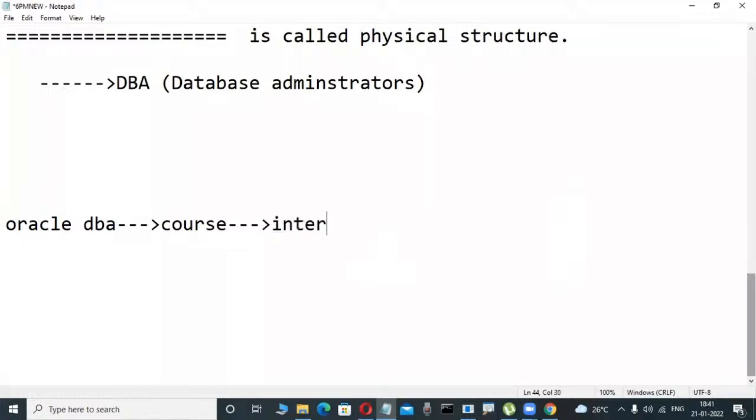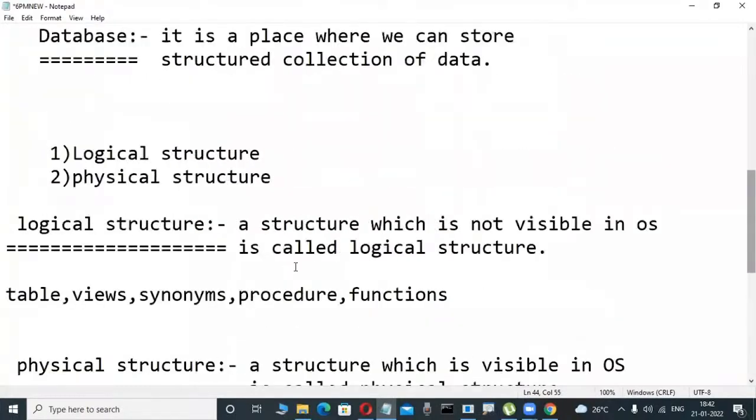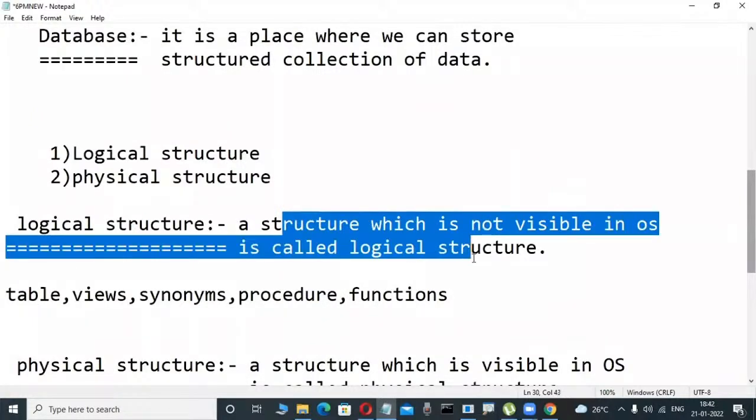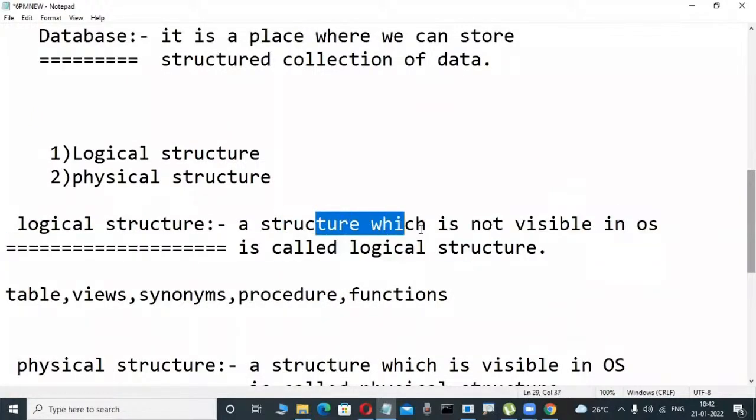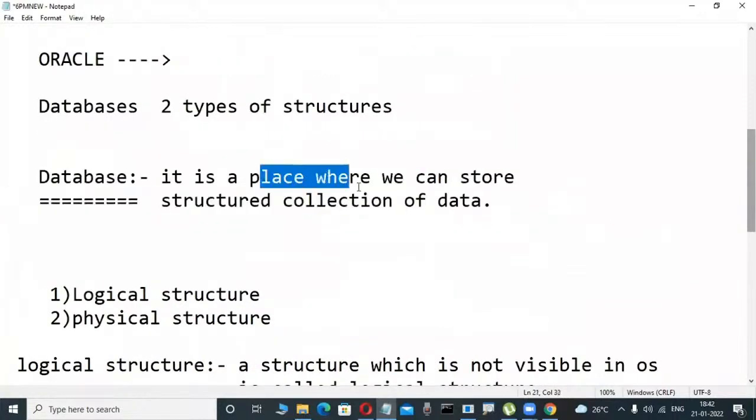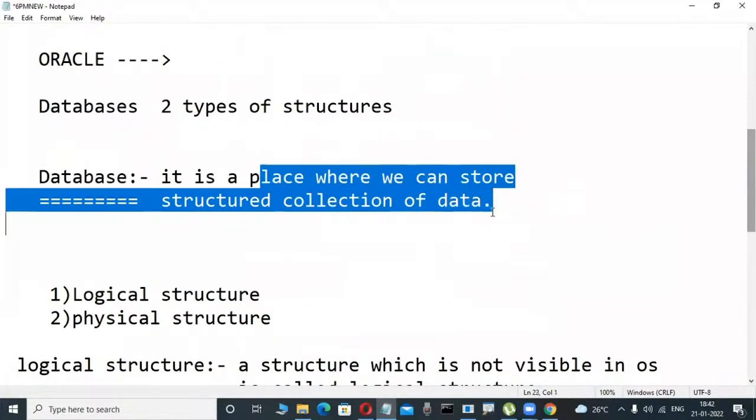Observe here, in the interview, the interviewer asks, "Murali, what is a database?" If I answer with the bookish definition, that it is a structured collection of interrelated data, I'll be rejected immediately.